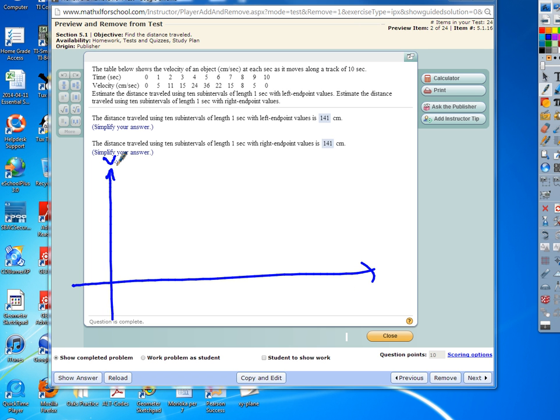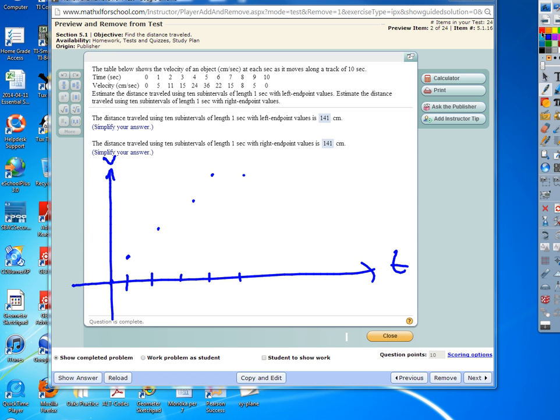We've got velocity and time, and if I graph this data, it looks like it just kind of goes like this, right? We're starting at 0, and then it goes up a little bit. It goes up to 5, and then it goes up to 11. And so if we were to use left endpoint representations, what are we doing?